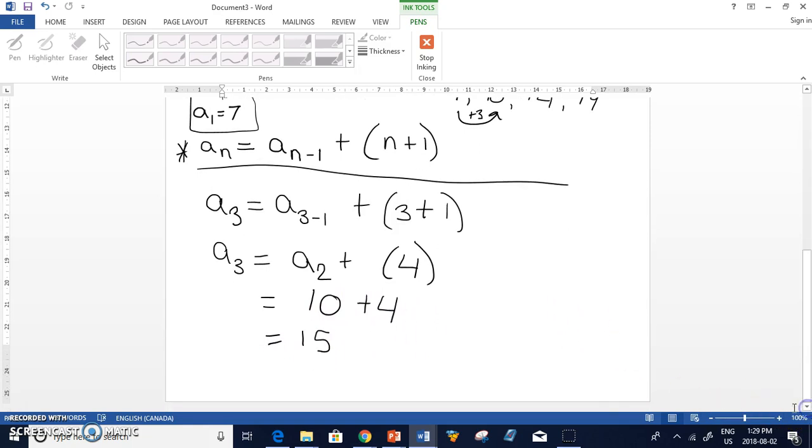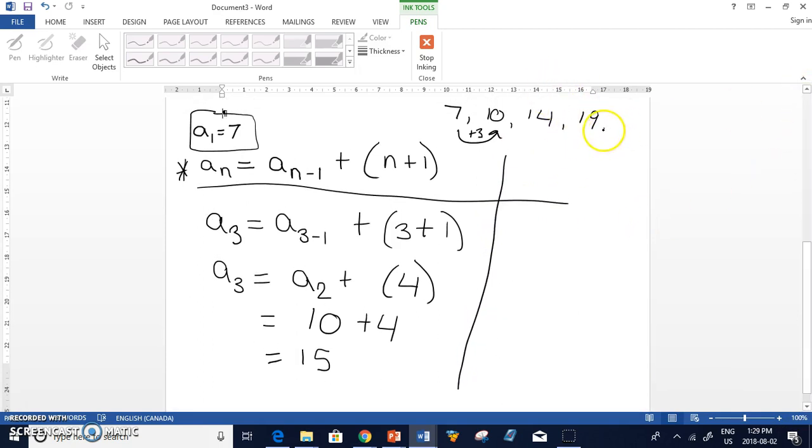Okay, because we have other known values, we can go ahead and use that. So we had been given the first 4 terms. Let's try it for a5. Okay, so a5 equals a5 minus 1 plus 5 plus 1.